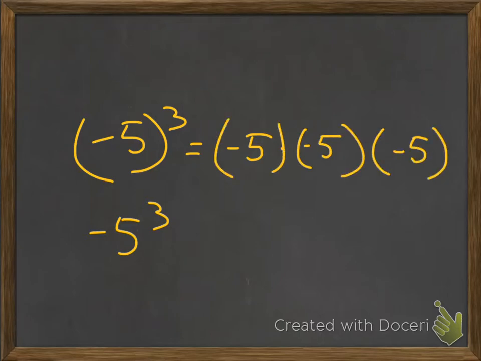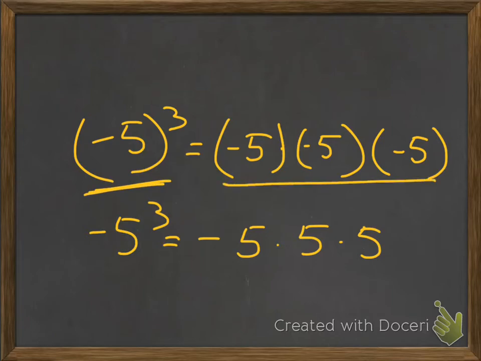This one doesn't. This means negative, and the only thing that's being cubed is the 5. See the difference? The cubed on the top one has a parenthesis, so the negative 5 is being cubed. But on this one, the cubed is only on the 5.